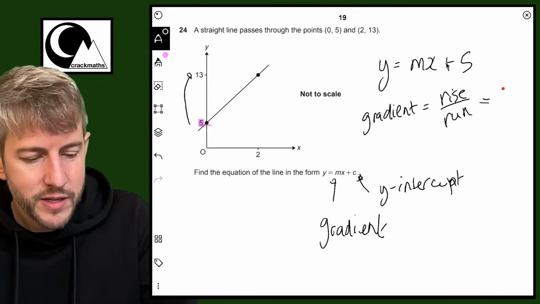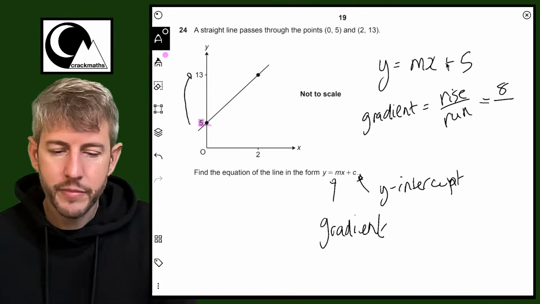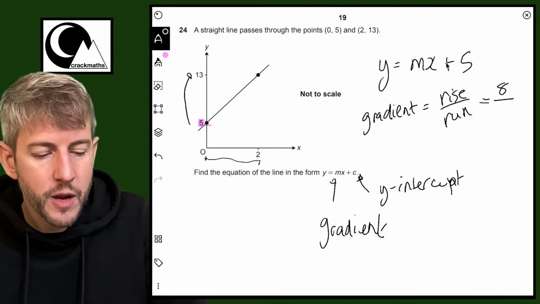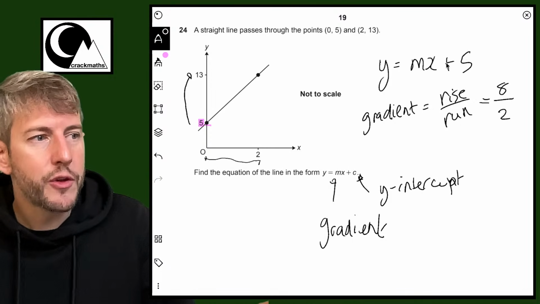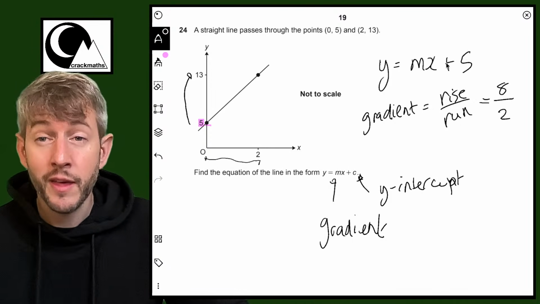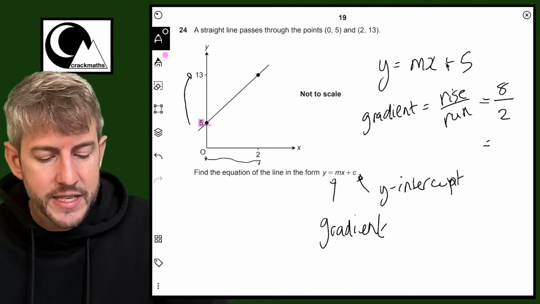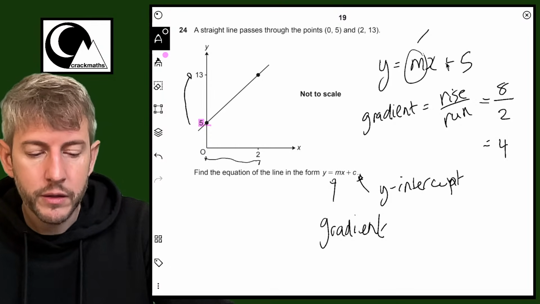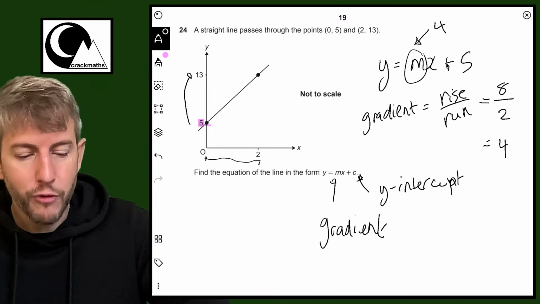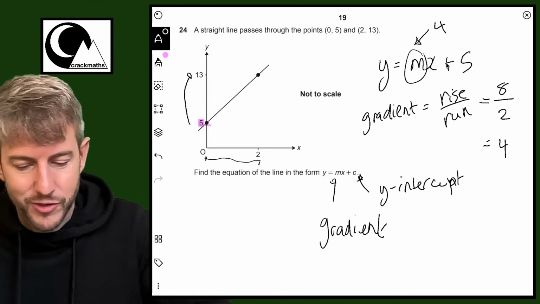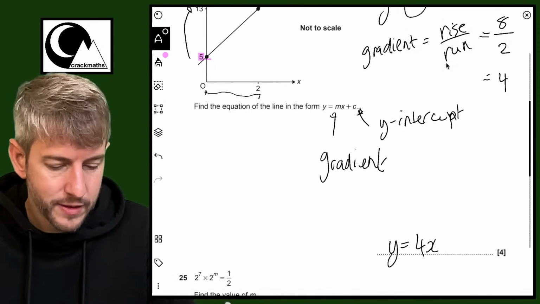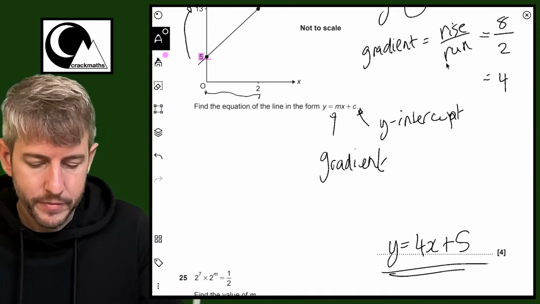Our run has gone from 0 to 2, so that is a run of 2. So the gradient is going to be 8 divided by 2, which is 4. Now that we know that the m part will be 4, we can write out our equation, and that's going to give us y equals 4x plus 5. Okay, right.